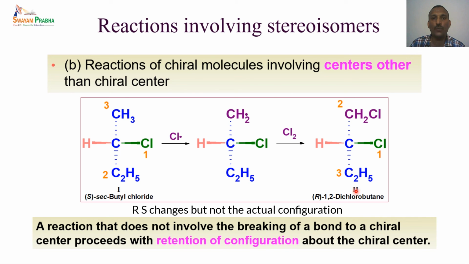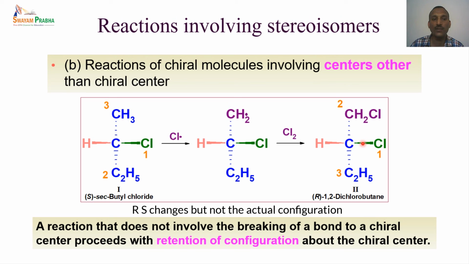You cannot blindly follow that whenever there is a reaction in which the chiral center is not broken, the R and S notation need not change. There is a possibility, as shown here, the R and S can change even though the chiral center did not break any bond. So you have to look at the entire molecule for the change and not at only the single reacting center.